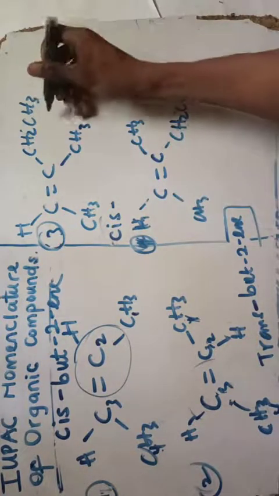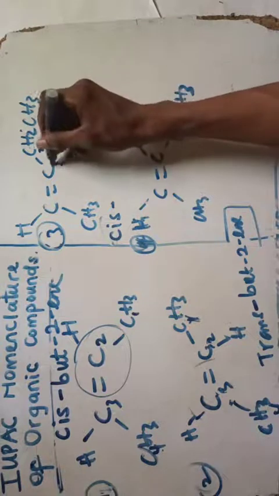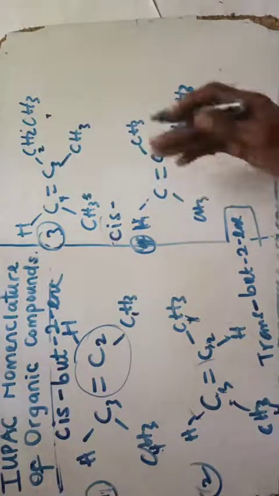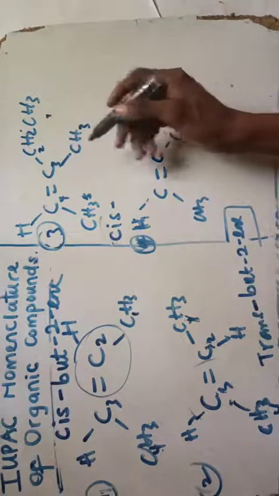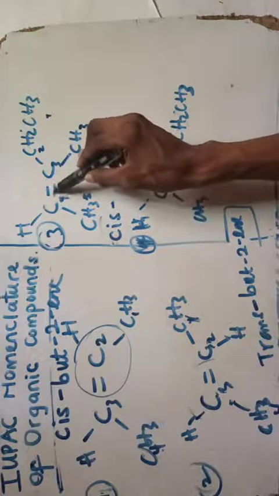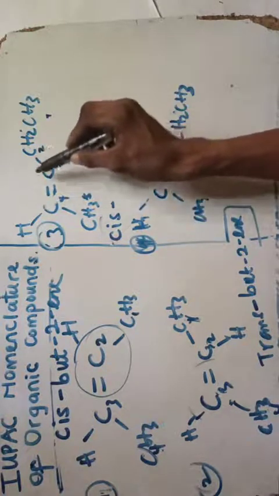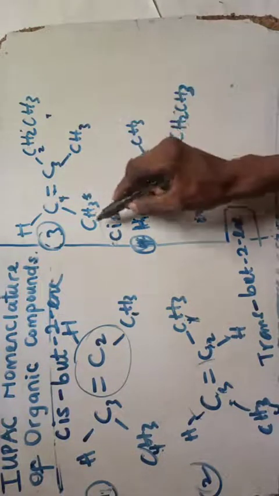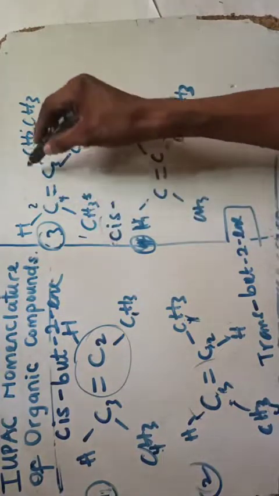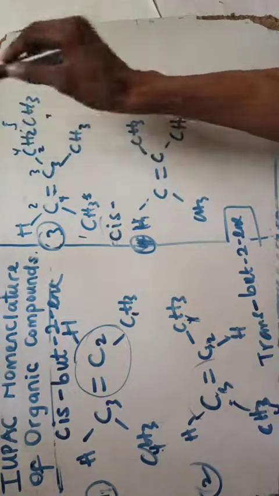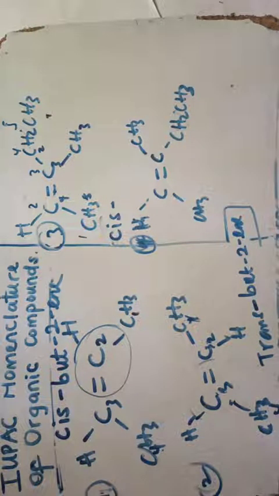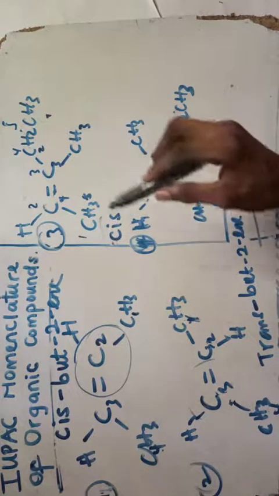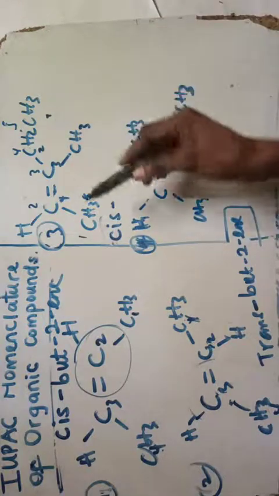If I count 1, 2, 3, 4, 5, you see, it's correct, but this double bond will fall in number 3. And if it falls in number 3, it's very far from me considering 1, 2, 3, 4, 5. So you find the nearest chain, you consider the one's nearest chain. So that is 1, 2.